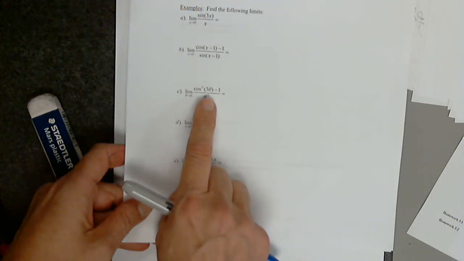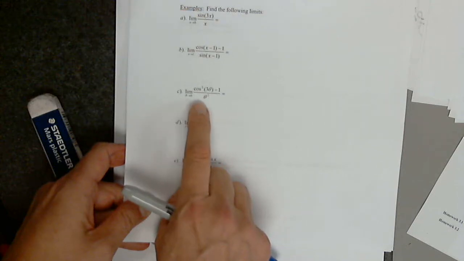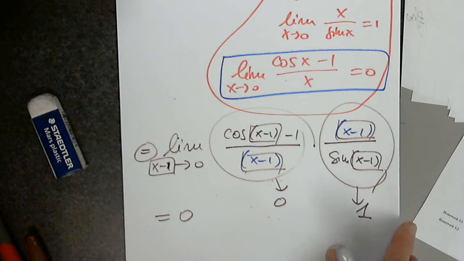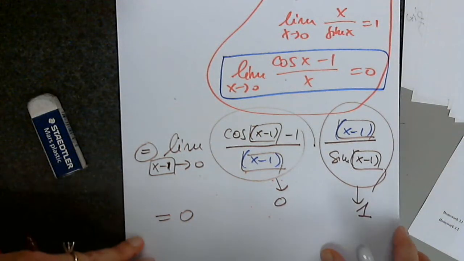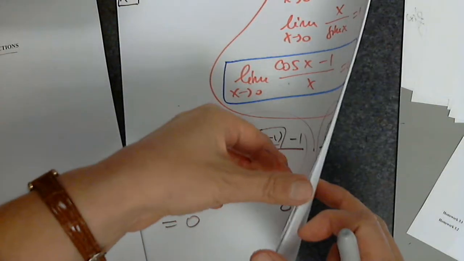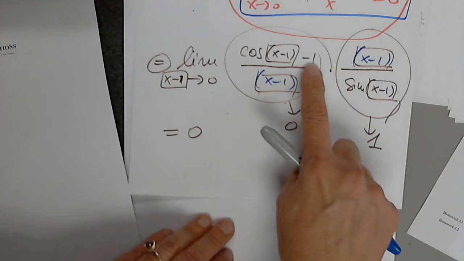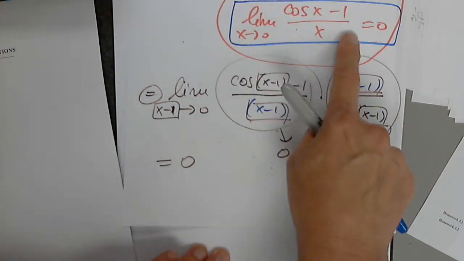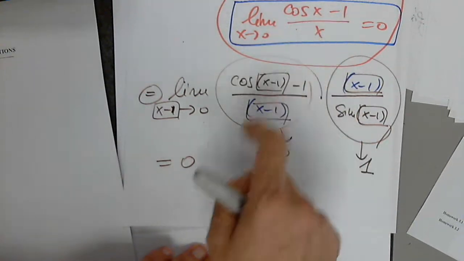Cosine squared of 3 theta minus 1 over theta squared when theta approaches 0. Any questions before we continue? Where did the extra minus 1 go? This one? Yeah. It's here. That's the function we looked at. Oh, okay. So it has to have cosine x minus 1 over x.